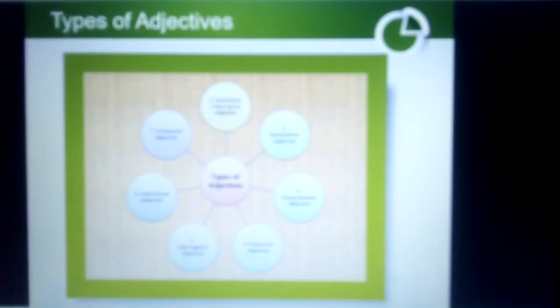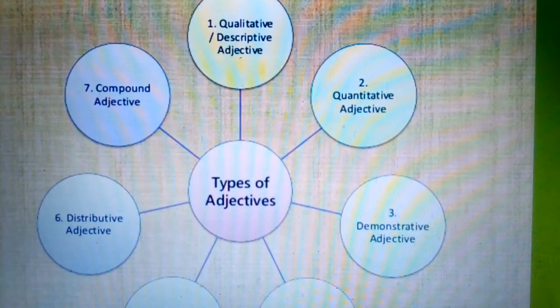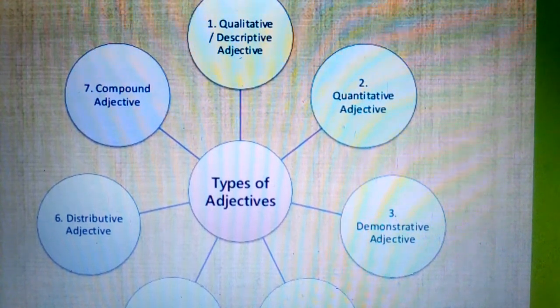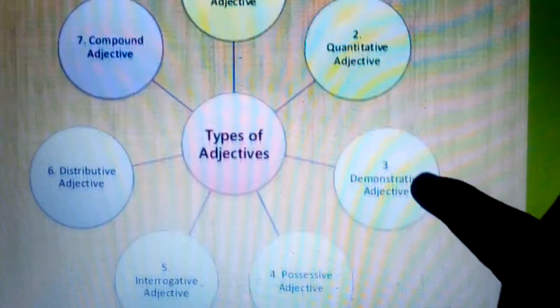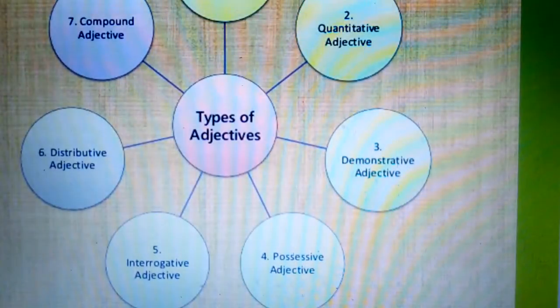Now, the types of adjectives. There are about 7 types of adjectives. The first one is qualitative or descriptive adjective. It is also known as the adjective of quality. The second one is quantitative adjective or the adjective of quantity. The third one is demonstrative adjective.